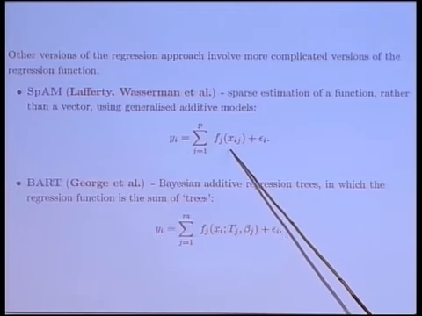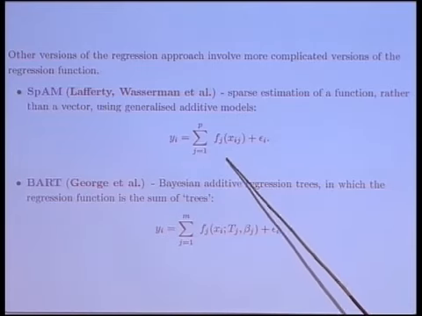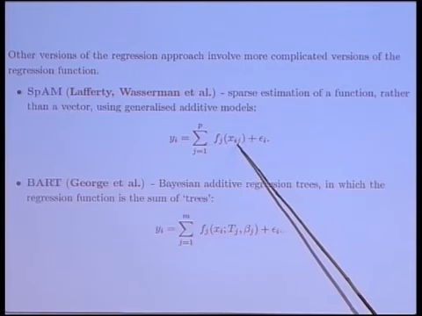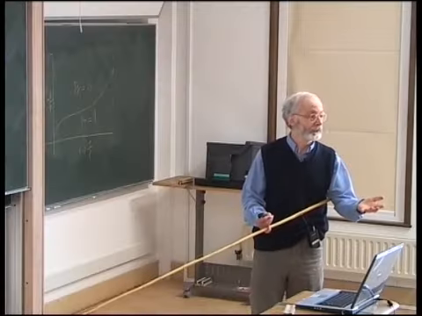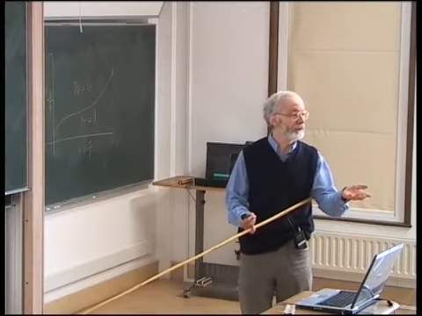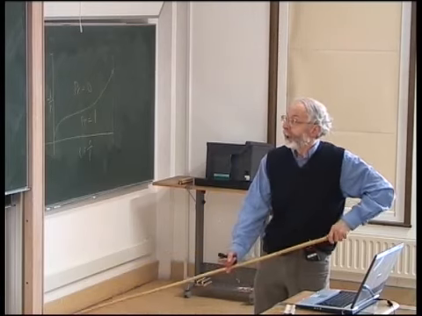So this xij is the value of the jth covariate on the ith individual in the sample. So each of these terms includes only one of the covariates. But this fj is allowed to be anything, completely flexible. It doesn't have to be a polynomial or anything like that.